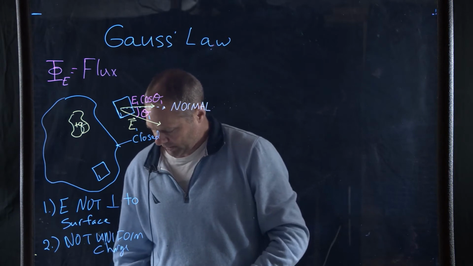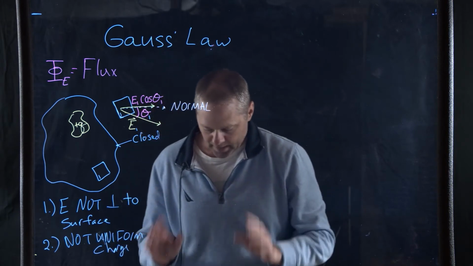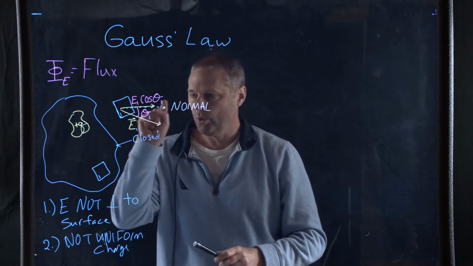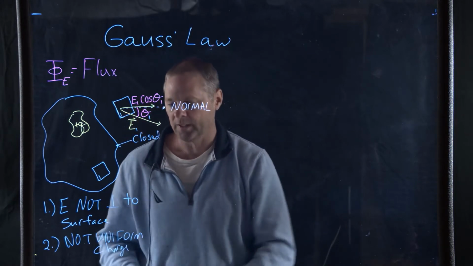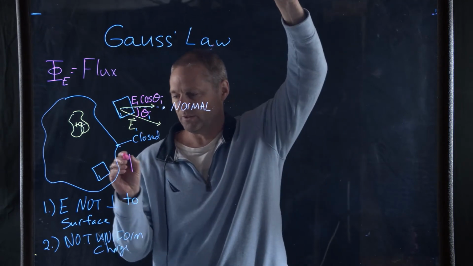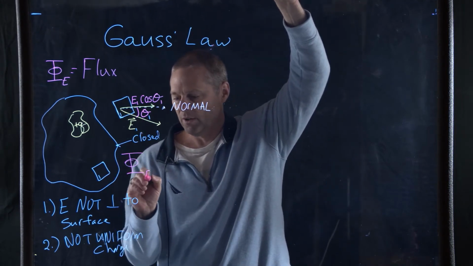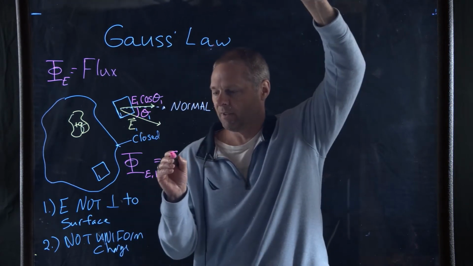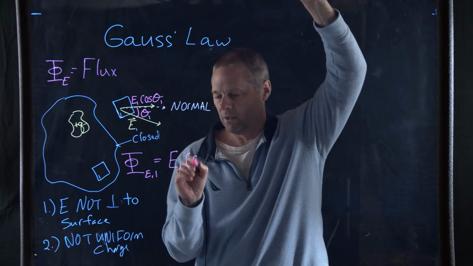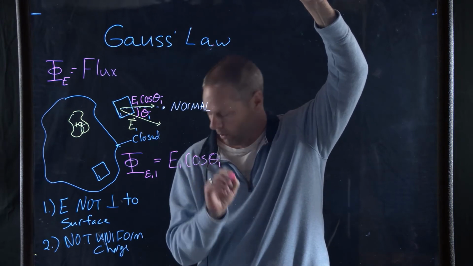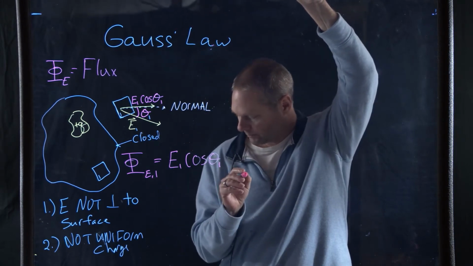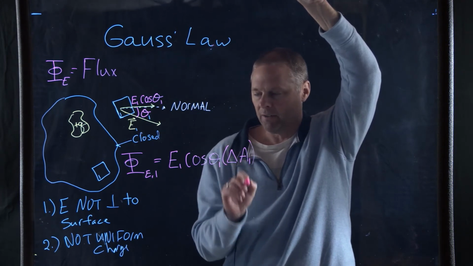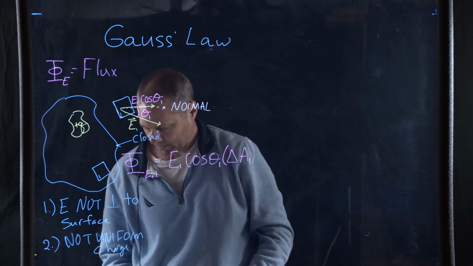Now we can look at the entire flux through this surface. The flux through surface 1 is going to be E1 cosine theta 1 times the area of that surface.